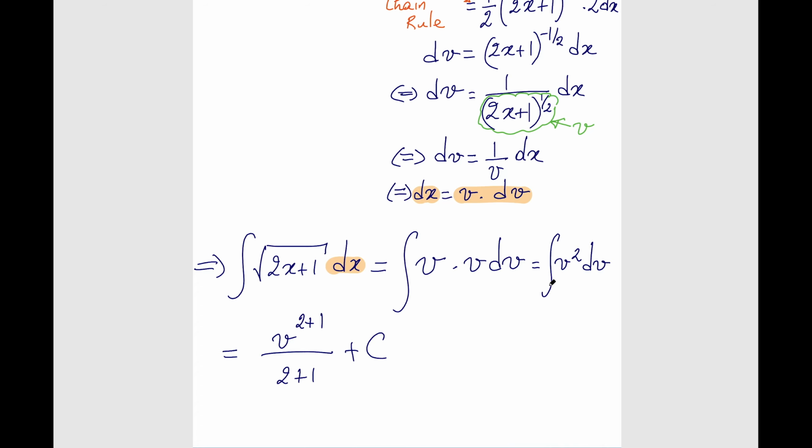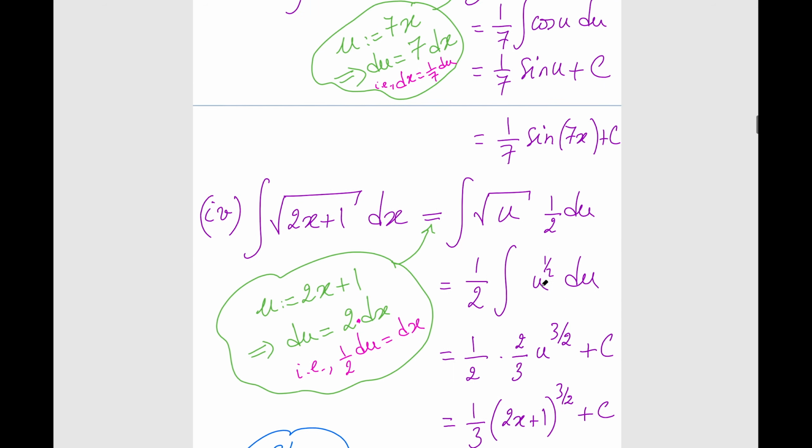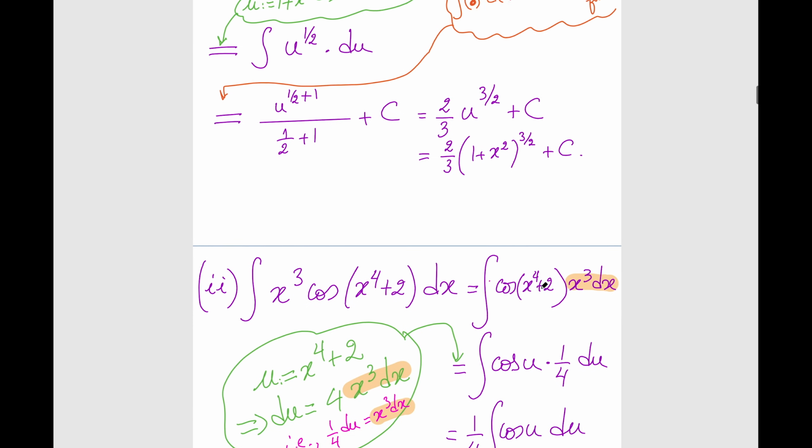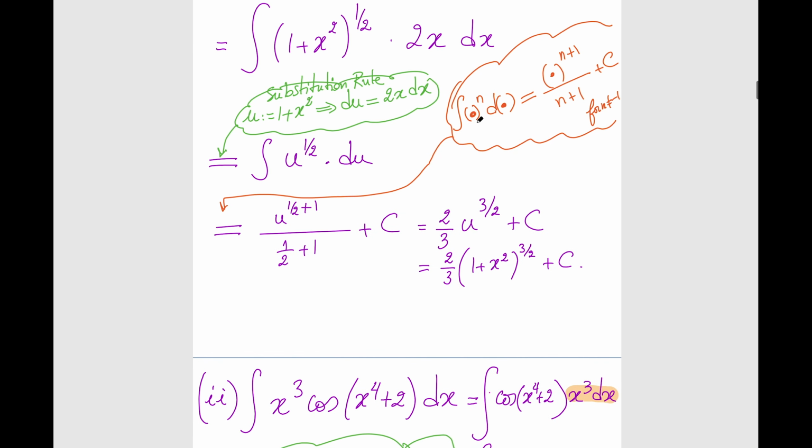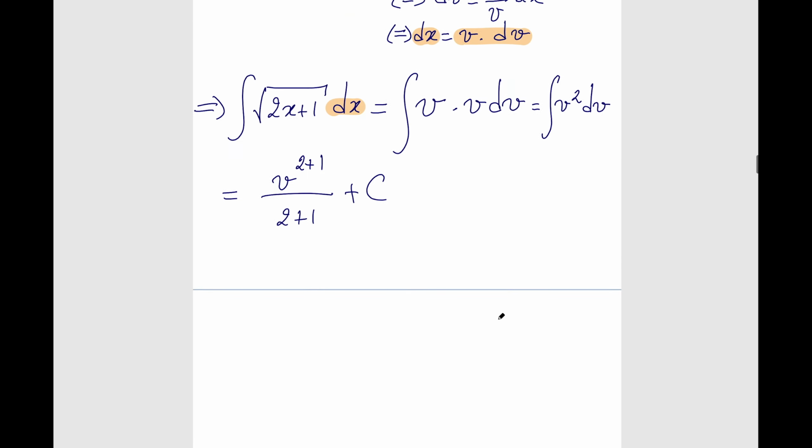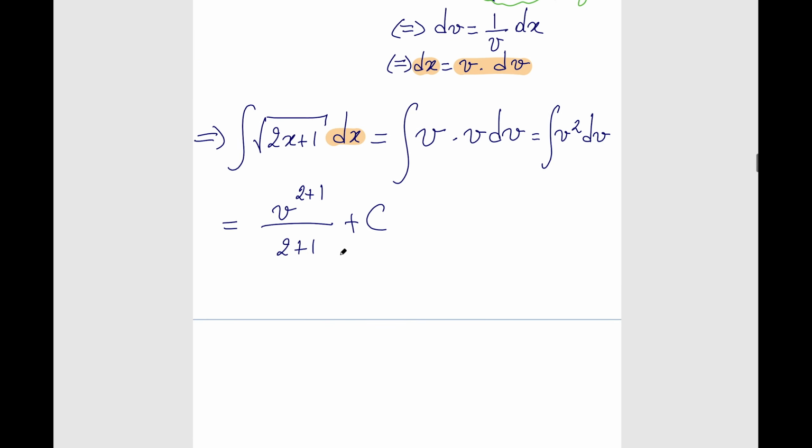So I'm using this property. n in this context was 2, certainly not negative 1, so I can apply it. Very good. So we get 1/3 v to the power 3 plus a constant.